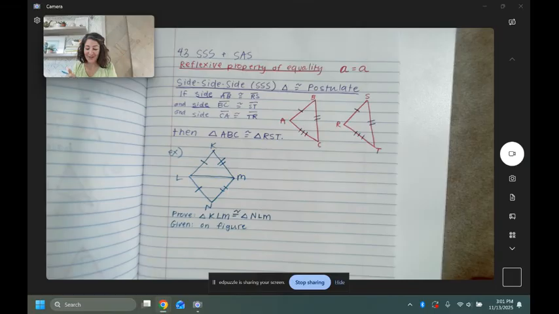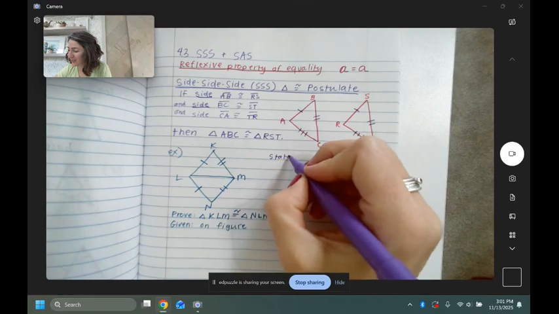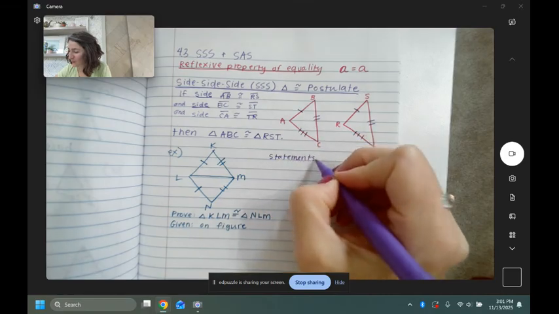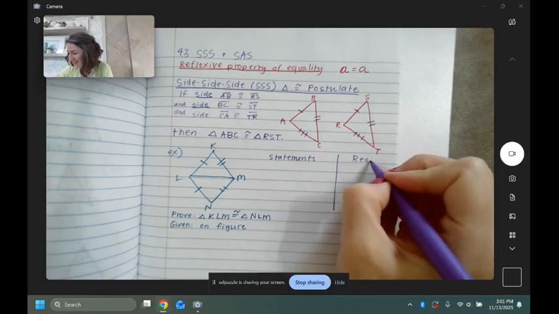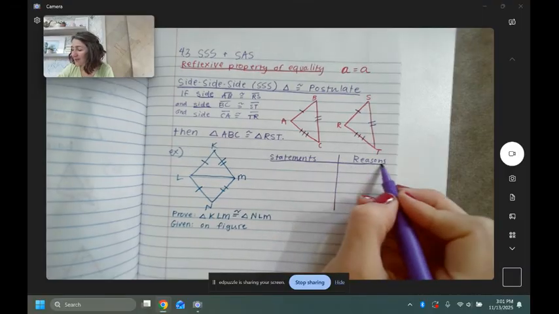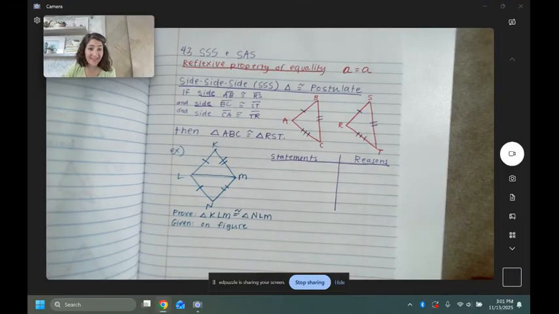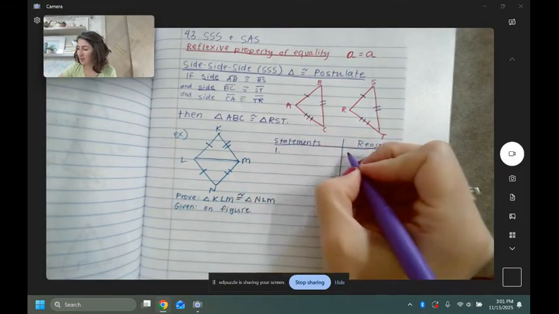Okay, so proof. I'm going to make a little table where I've got my statements over here, my reasons over here. And remember, I'm always going to start with my given information and end with where I'm going. A proof will always give you the ending. You just have to tell the story, right? And I like to number these and line these up.